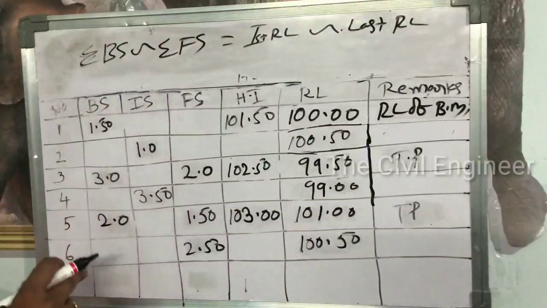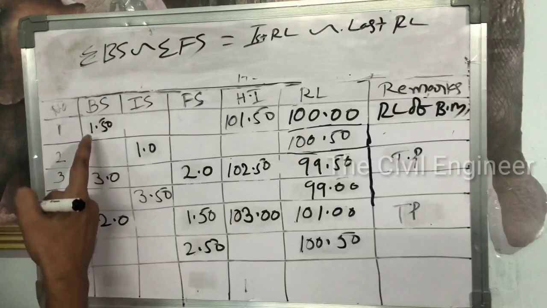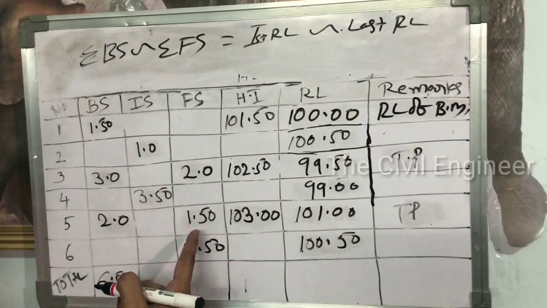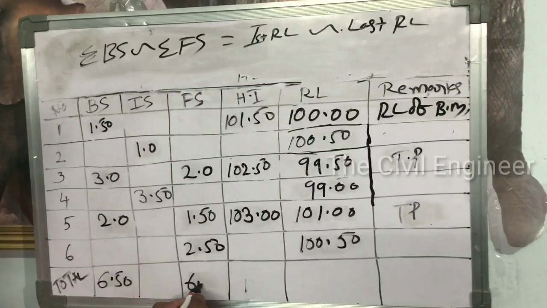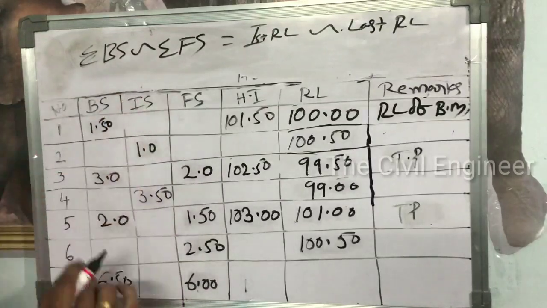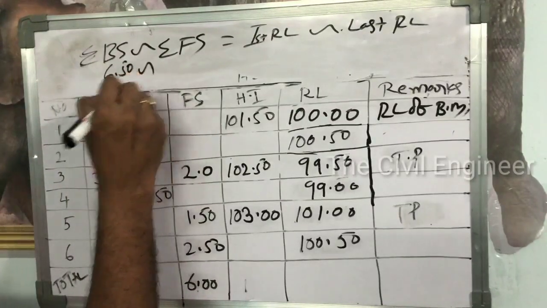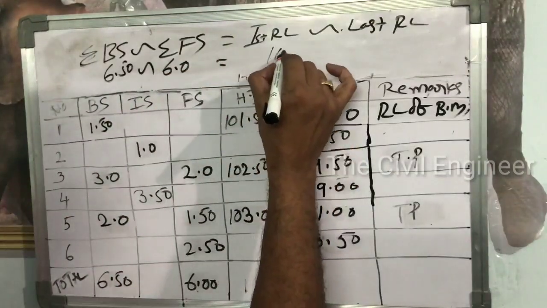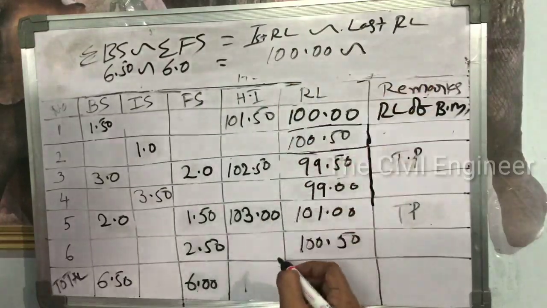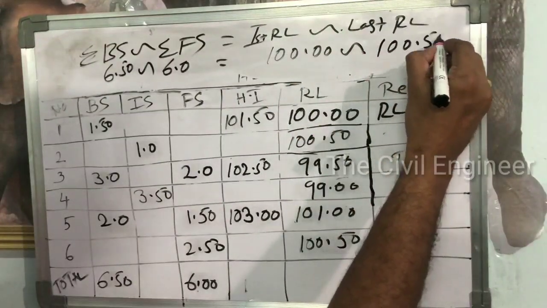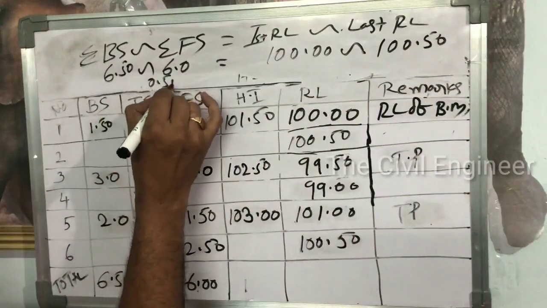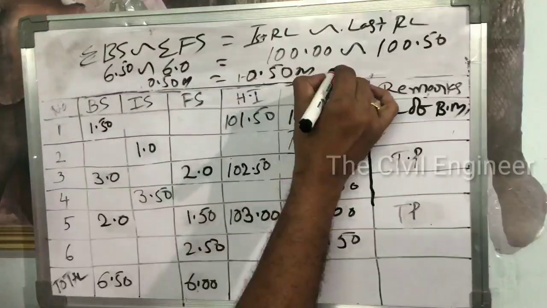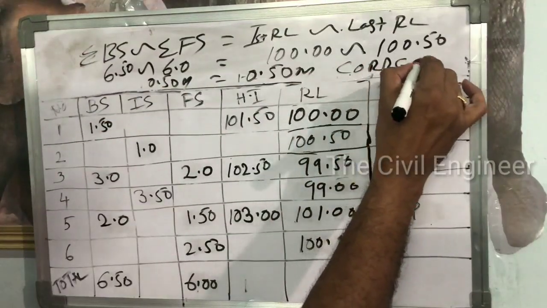Here sigma BS, the total BS value, is 6.50, and total FS value is 6.0. Sigma BS minus sigma FS is equal to first RL 100 minus last RL 100.50. Here the difference is 0.50 meters. So the check is correct.